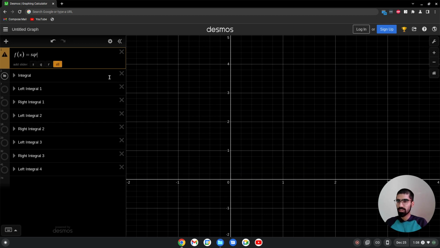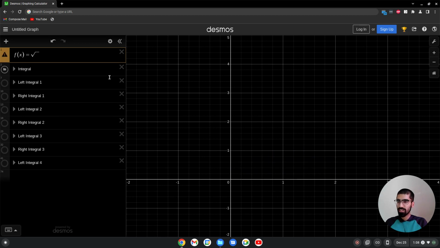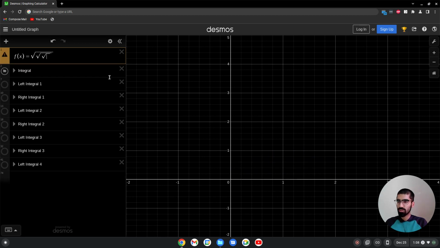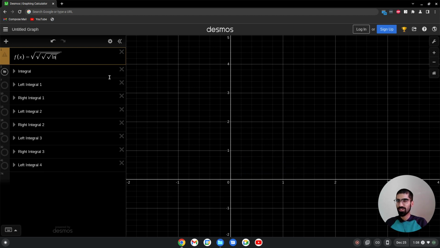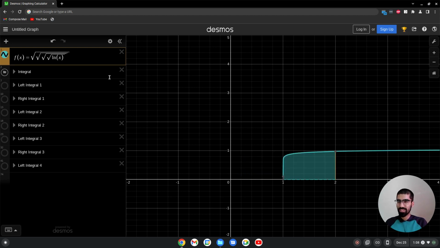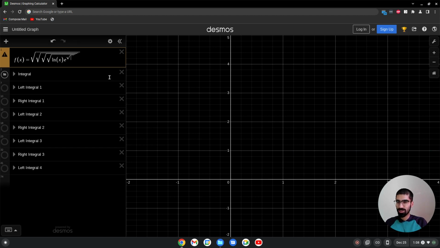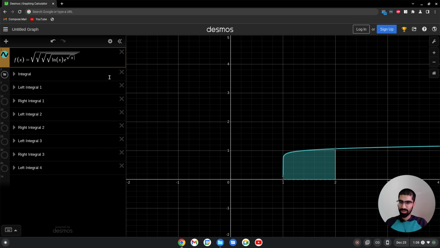For example, let's say I have a very annoying equation, the square root of the square root of the square root of the square root of x. How about ln x? How about e to the square root of x? This is a very not friendly curve.